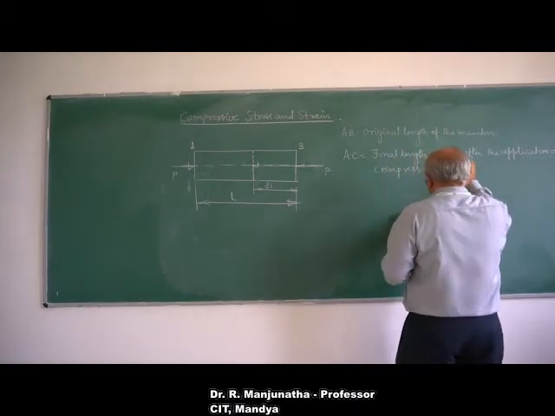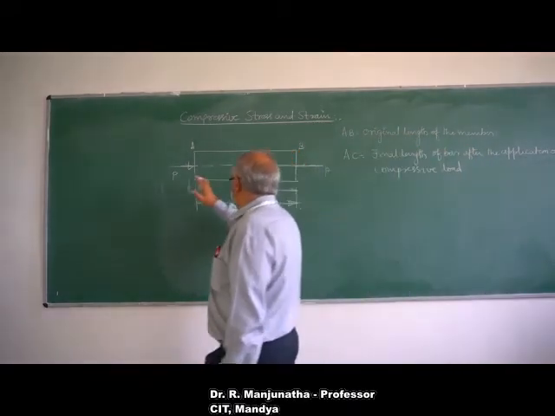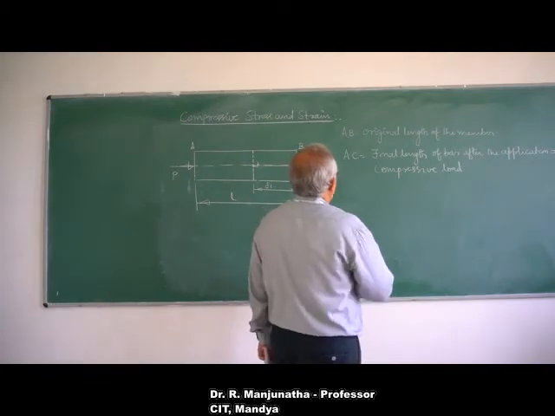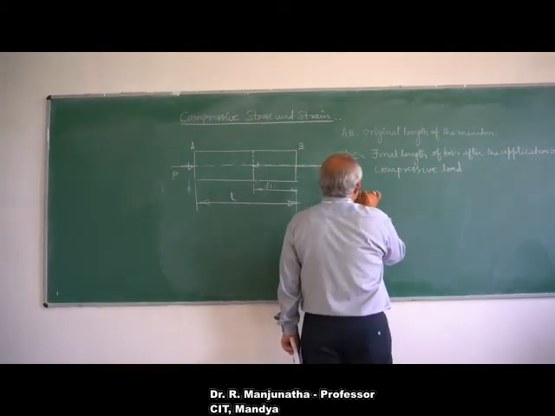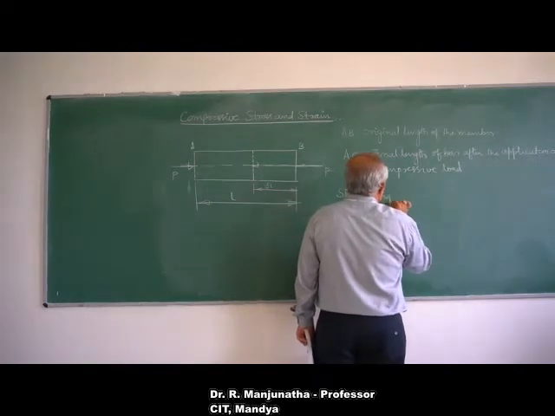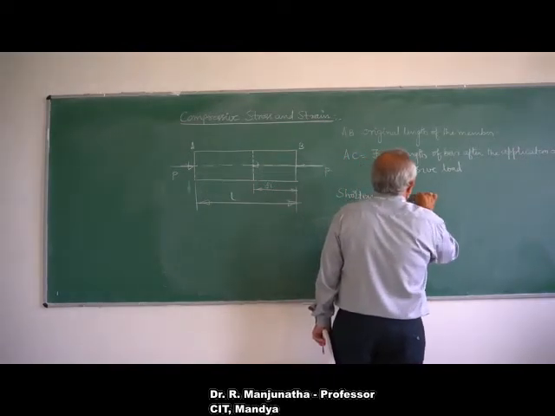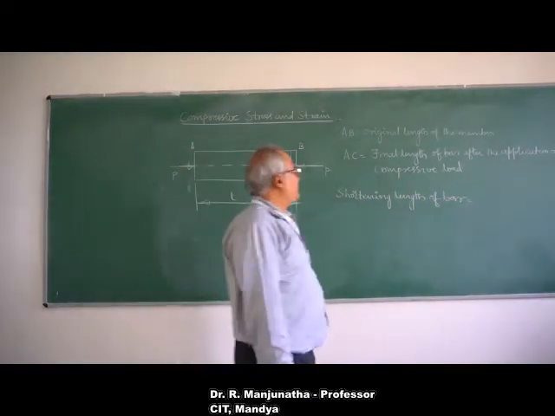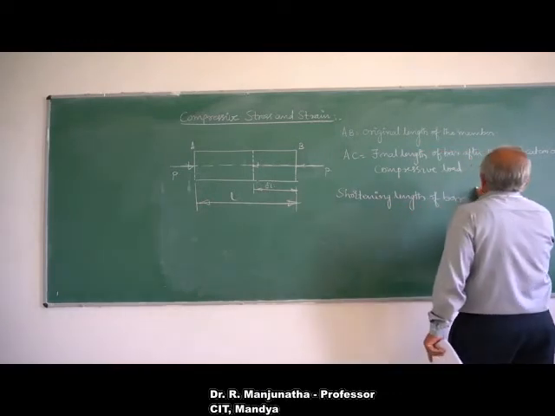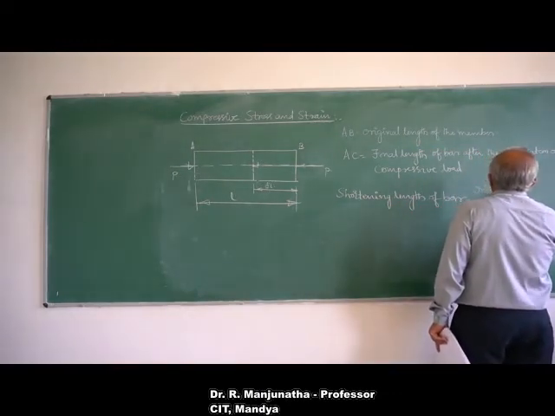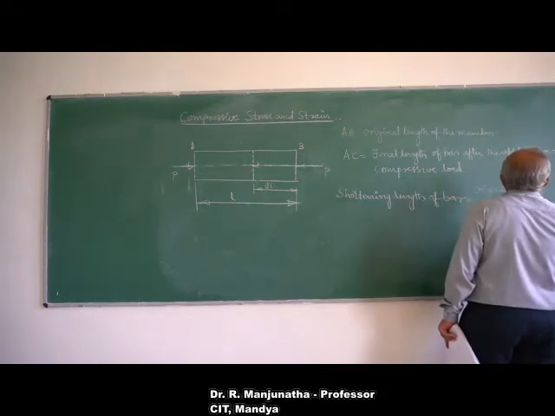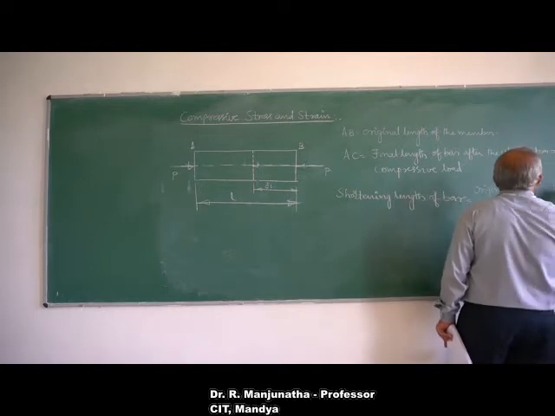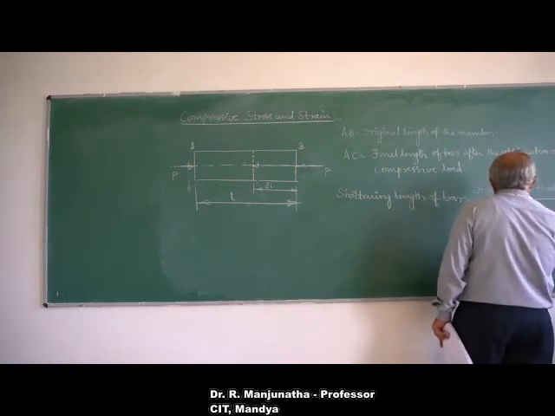Due to the compressive load, the member will shorten in length. So what will be the shortening length of the bar? The shortening length of the bar will be equal to the original length minus the final length, divided by the original length.